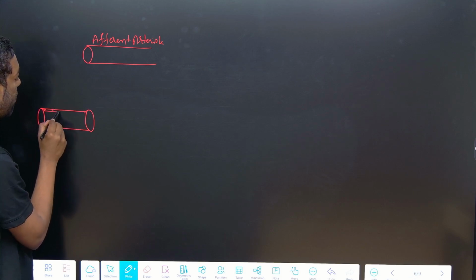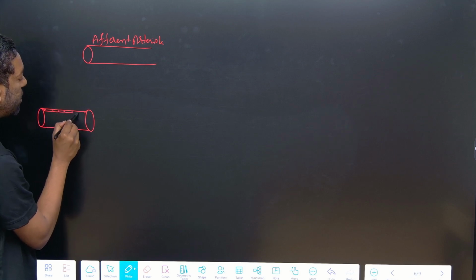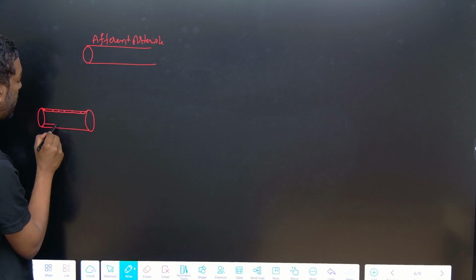The arterial walls have endothelial cells, which can carry the blood.